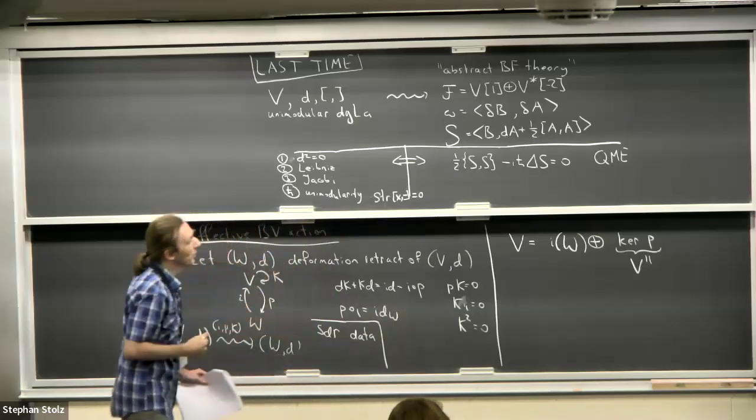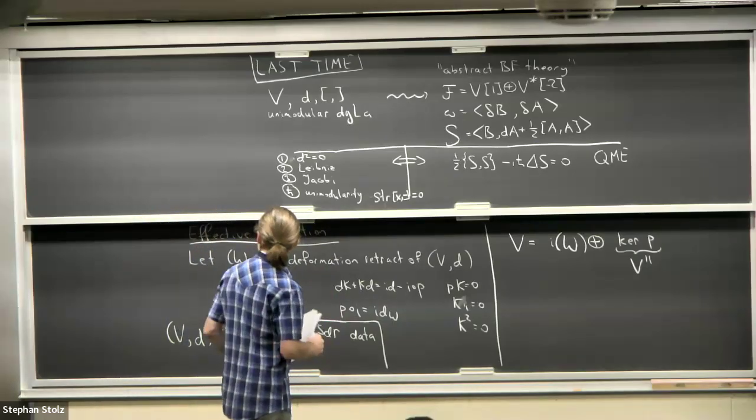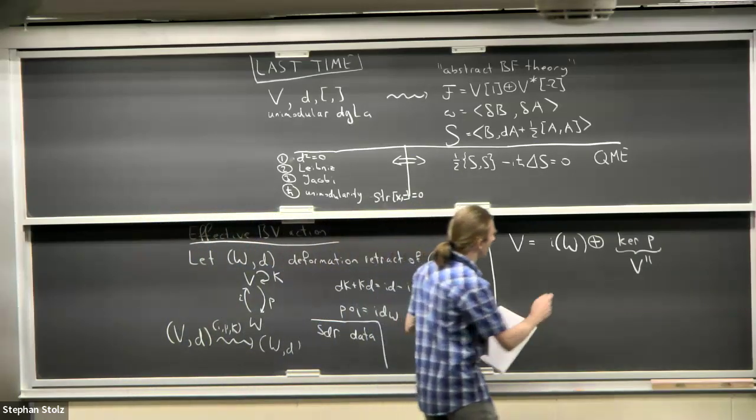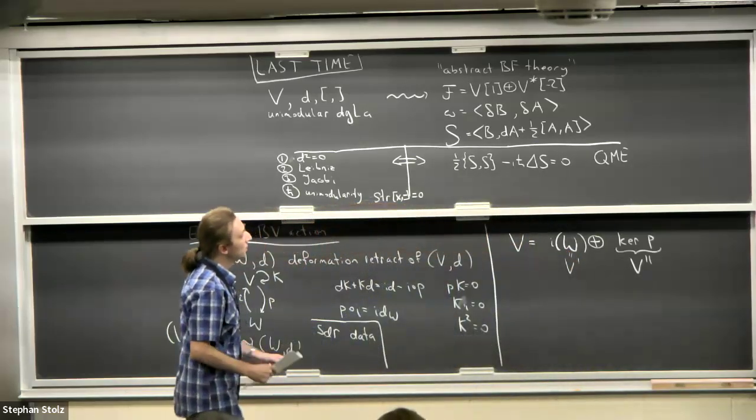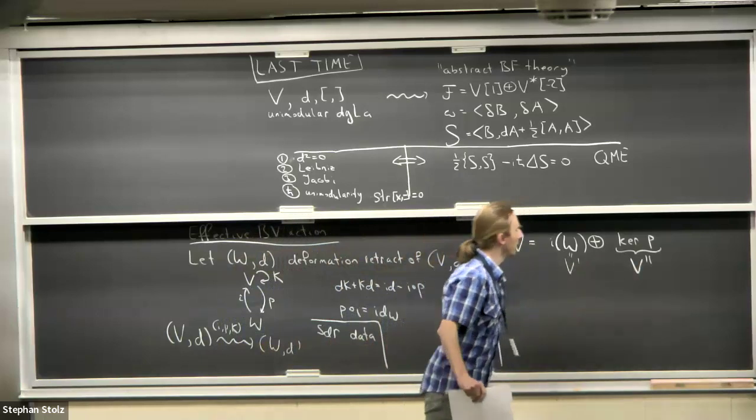Why double prime? Because I'm used to some notation where W is also called V prime. So it's a splitting of V into the image of V prime and V double prime.